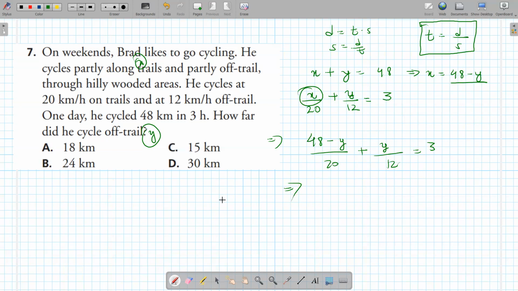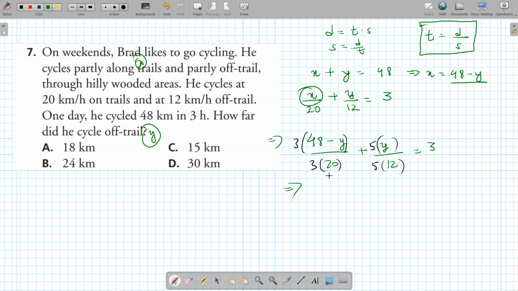Is it 40? No. Is it 60? Yes, so it's 60. We want both denominators to be 60. You have to multiply 12 by 5 to get 60, so 5 on the second term. For 20, what do you need to multiply to get 60? 3, so 3 top and bottom.